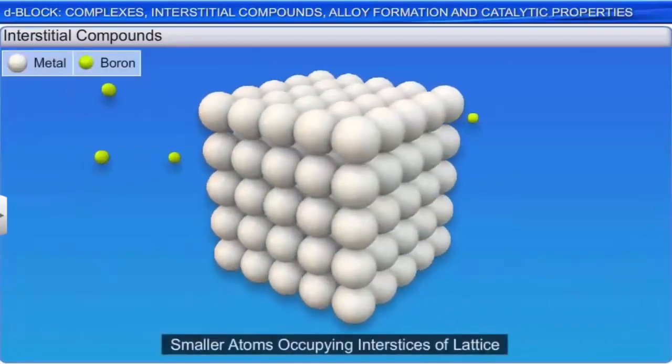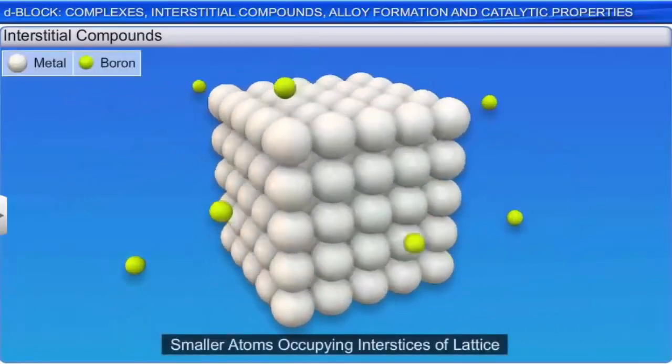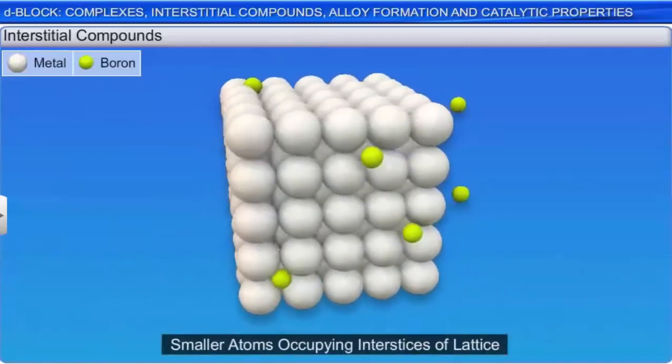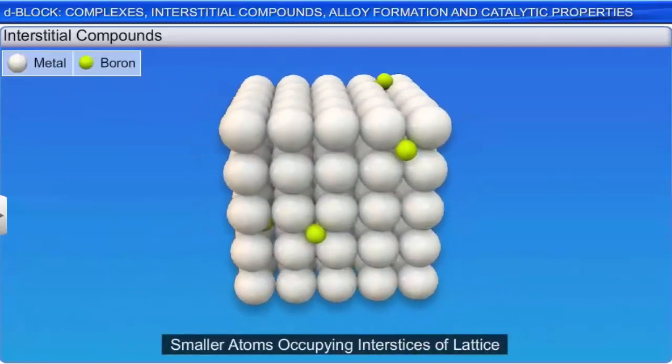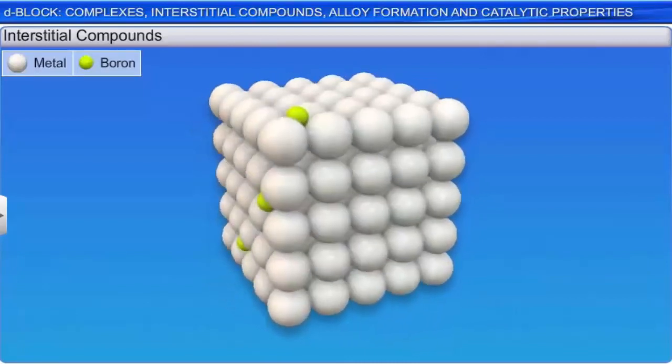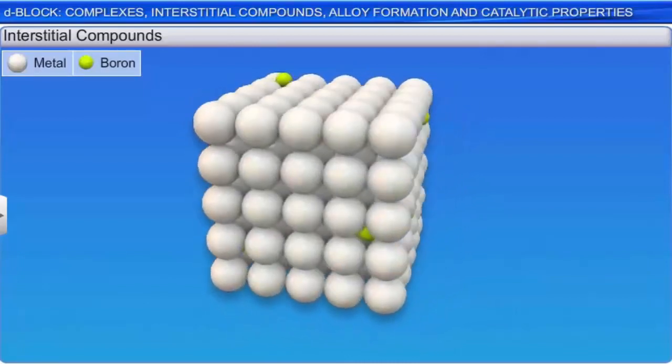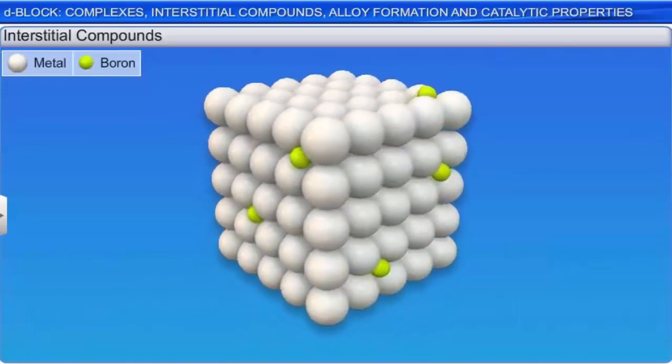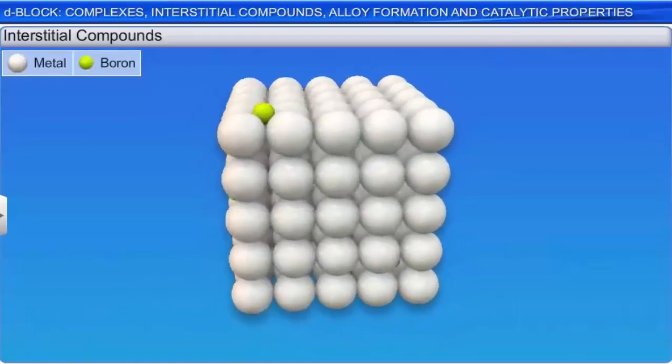They are formed by the incorporation of small atoms like hydrogen, boron, carbon, or nitrogen in the spaces between the metal atoms, that is, the interstices of the lattice. The component elements of these compounds do not combine in definite ratios. Hence, these substances are also known as non-stoichiometric substances.